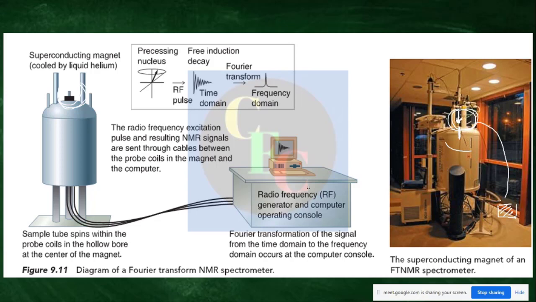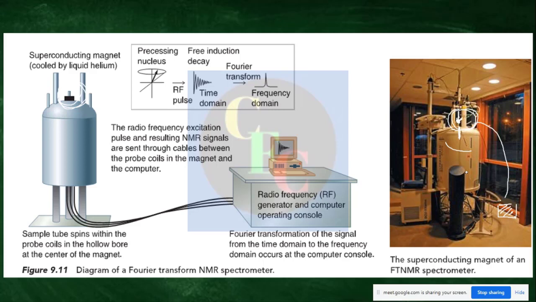Now, this is a very costly instrument, right? I think the lowest cost of this instrument starts from around 2 crores. Maintaining it is also very difficult, because this superconducting magnet has to be cooled and jacketed in liquid helium, and that liquid helium again has to be cooled by liquid nitrogen.